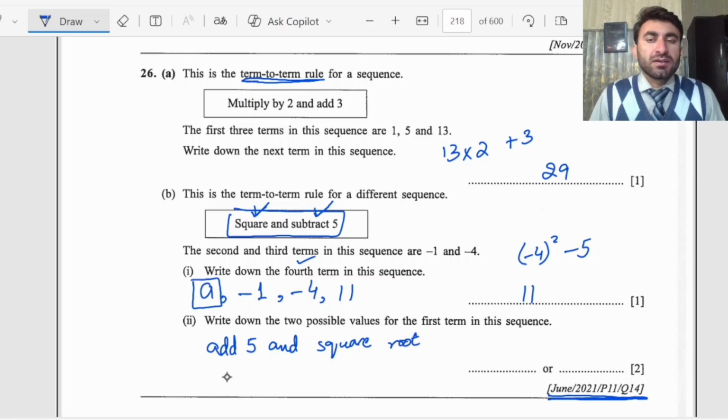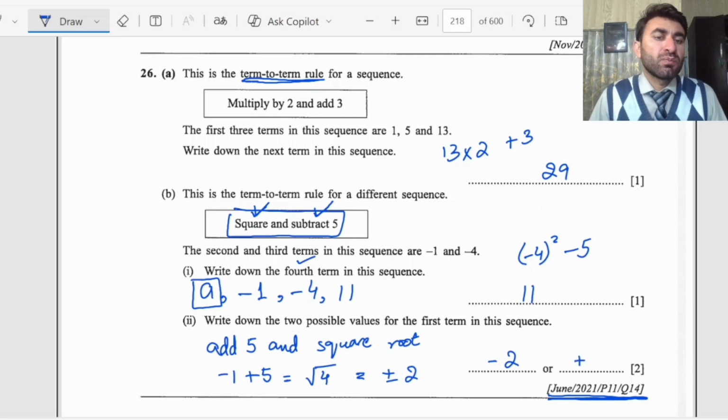So it will become -1 plus 5, which becomes 4, and when we take square root of 4, it is positive and -2. So the two possible values of first term are -2 and +2. So these two could be the two possible values of first term of this sequence.